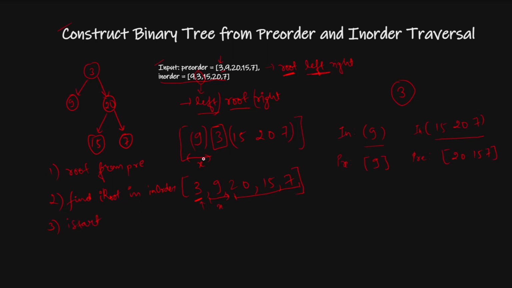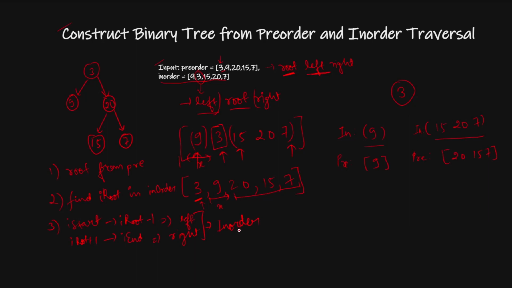Let's say iStart is here. From iStart to iRoot minus 1 will be my left subtree, and from iRoot plus 1 to iEnd will be my right. This left and right is for inorder.